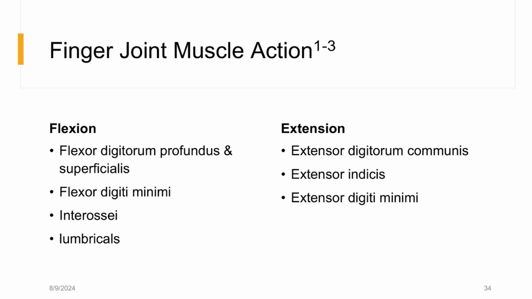So also for flexion, you get flexor digiti minimi, interossei and lumbricals. Understanding these muscle actions is very, very important, right? It has been said that if you have tight and weak interossei and lumbricals, you're going to have poor grip strength.